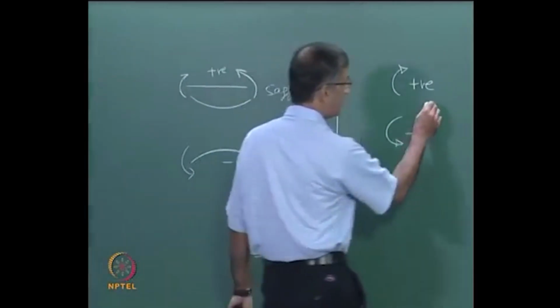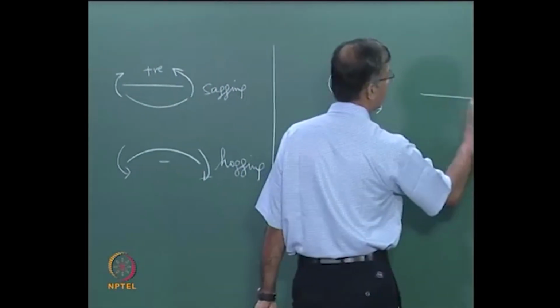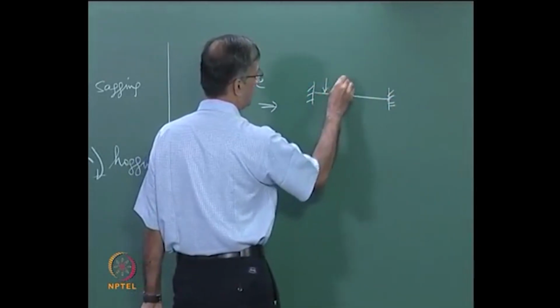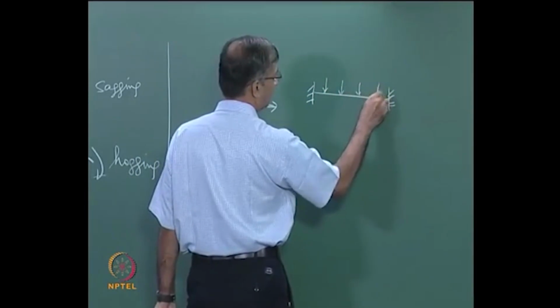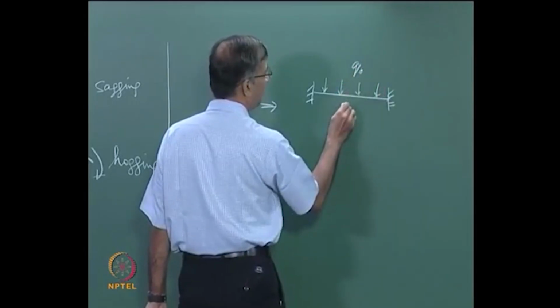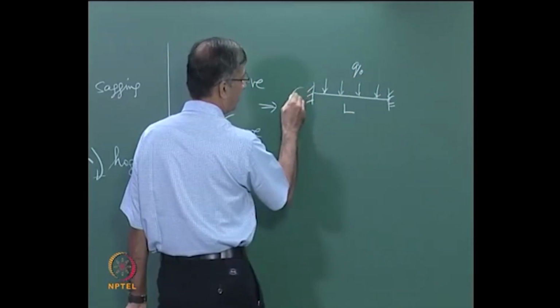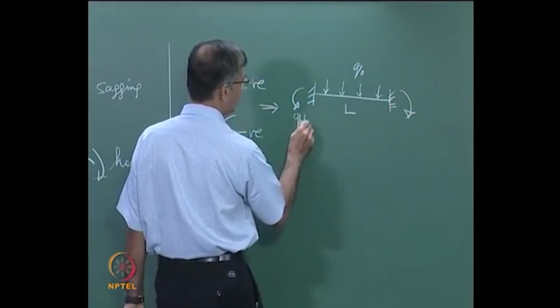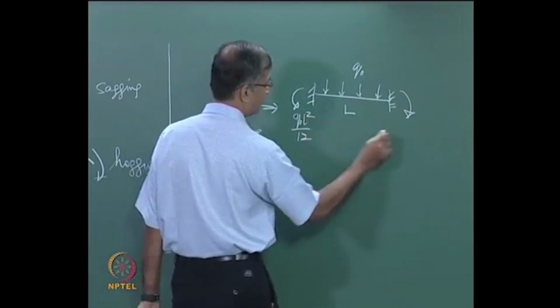So using this convention, let us say you have a UDL Q naught, L, this is the correct answer, we all know that.